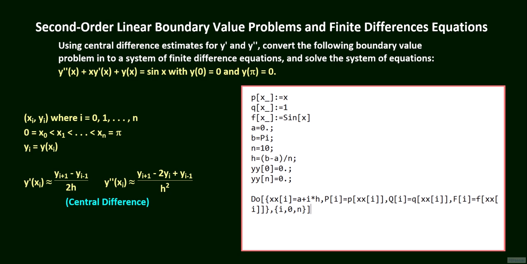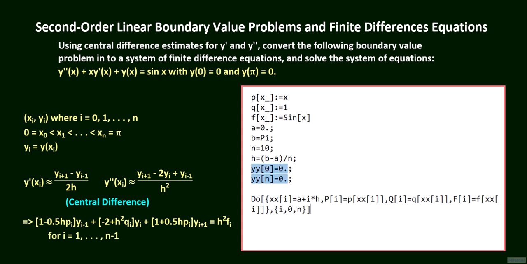From these central difference estimates, we get this equation for each i from 1 to n minus 1. We already have the values of y_0 and y_n, so the unknowns are y_1, y_2, and so on, all the way to y_{n-1}. And so we have a system of n minus 1 linear equations in n minus 1 unknowns.